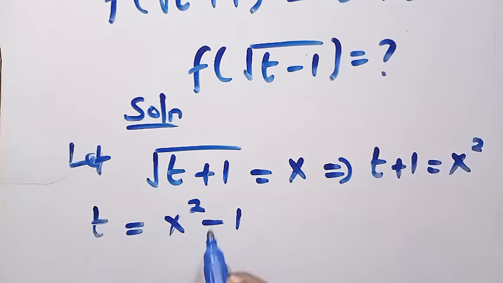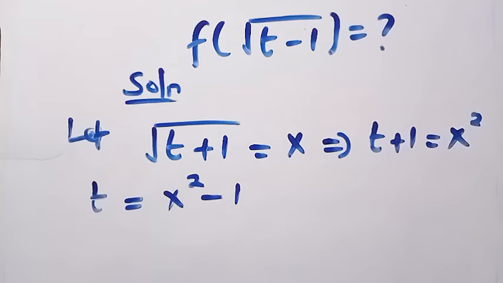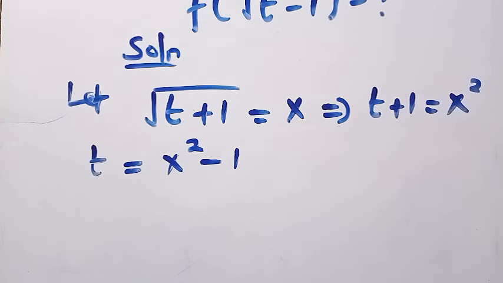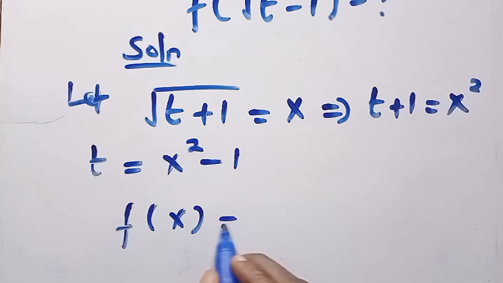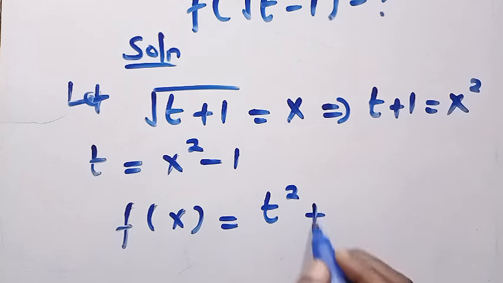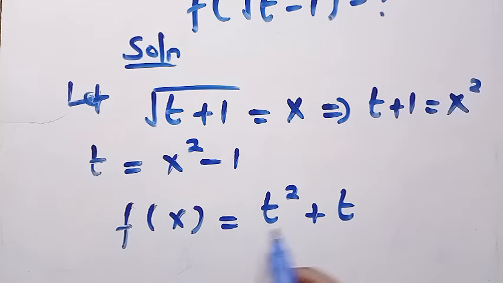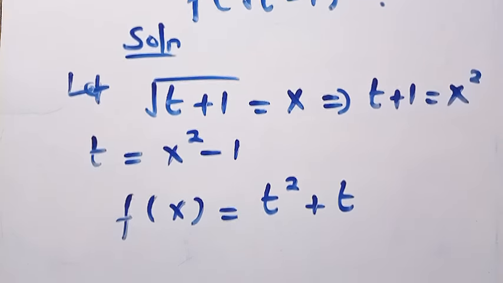We are going to resubstitute this back into the given function. Immediately we let the square root of t plus 1 equal x, the new function becomes f of x equals t squared plus t. And here we are to make everything in terms of x.